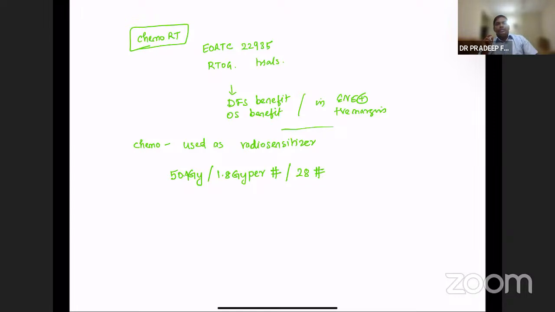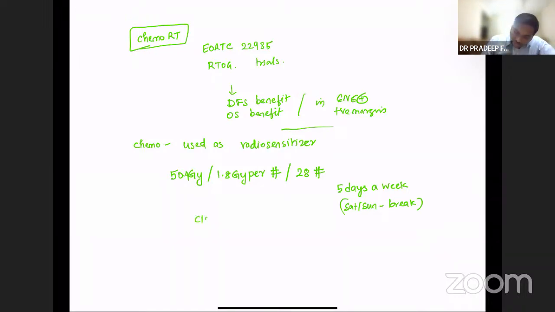Per day, 1.8 gray is given for a total of 28 days, leading to a total dose of 50.4 gray. Ideally, radiotherapy is given 5 days a week, Monday to Friday, with a Saturday and Sunday break, to allow the normal tissues to regenerate from the radiotherapy-induced injuries.